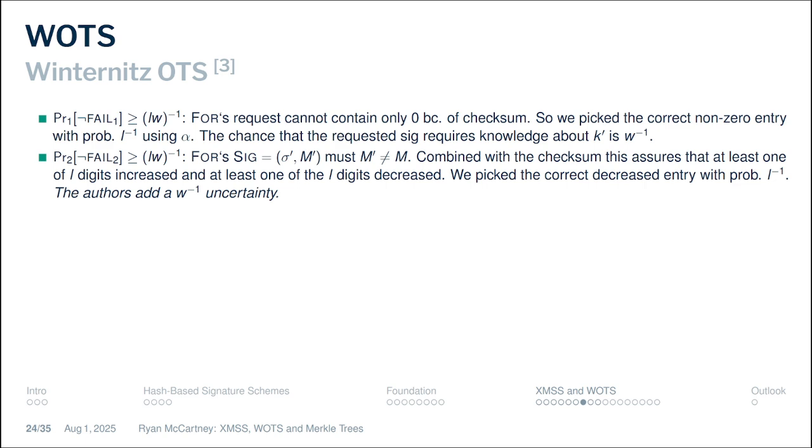So now we get a new message, and the checksum assures that at least one value will be lower, because obviously at least one value has to be changed, and the checksum is like a seesaw. If one goes up, the other one goes down, or the other way around. And then we also have this L to the power of -1 probability that our digit is chosen. And the authors of this WOTS dollar paper, also computing the lower bound again, just add another W-1 uncertainty.